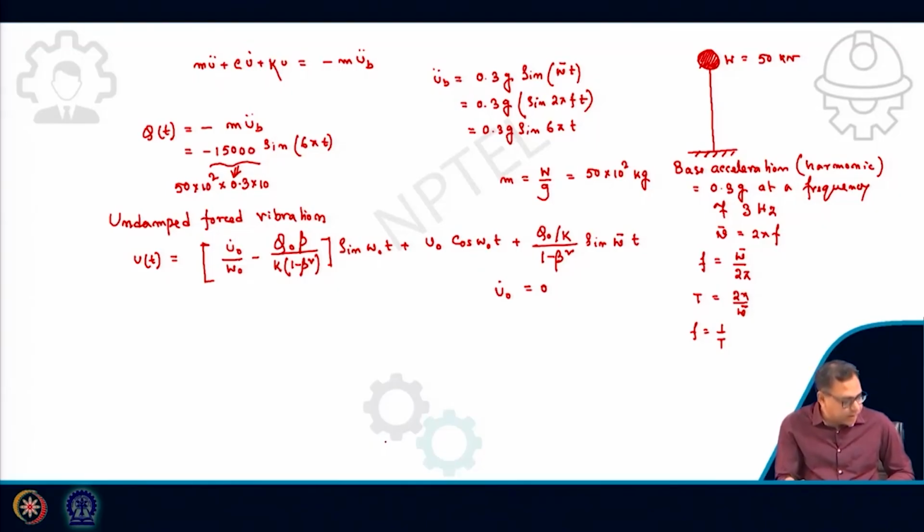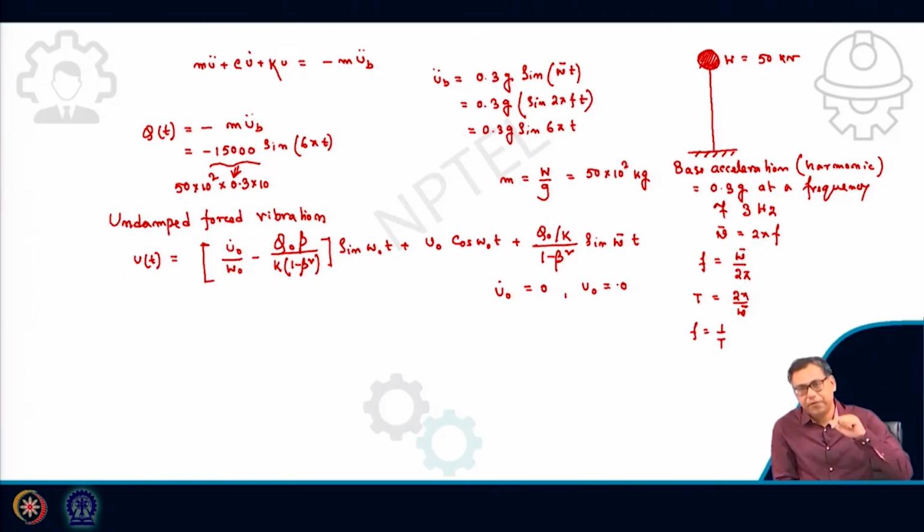And here we are applying that u 0 is also equal to 0. Why? Because in the previous case we applied u 0 equal to 0.13 centimeter. But here the condition is that I am applying the base shear on the same system, but the system is stationary. Initially there is no deformation and no velocity.